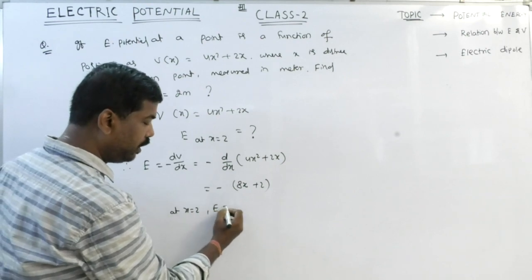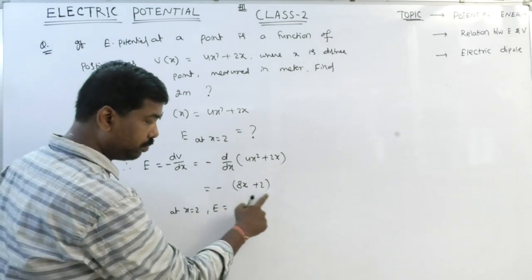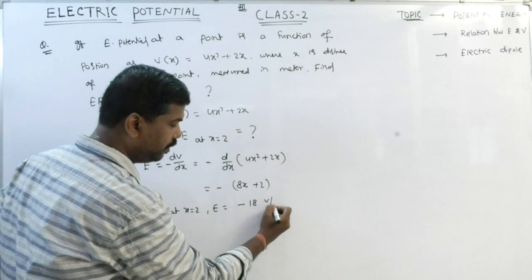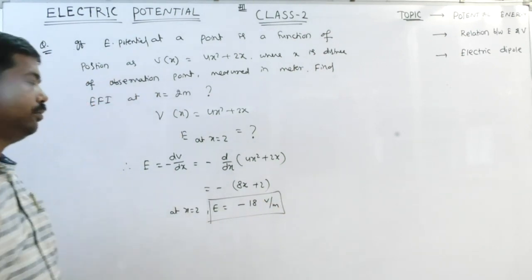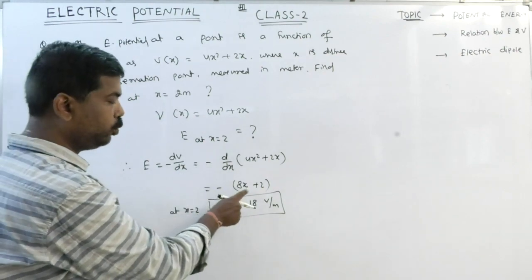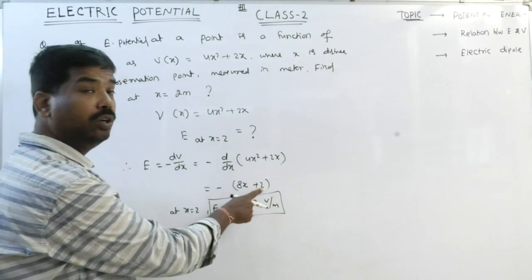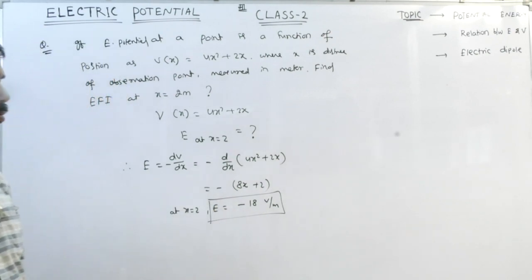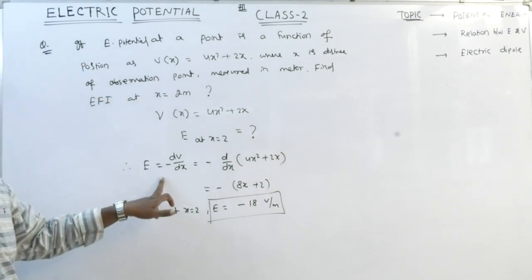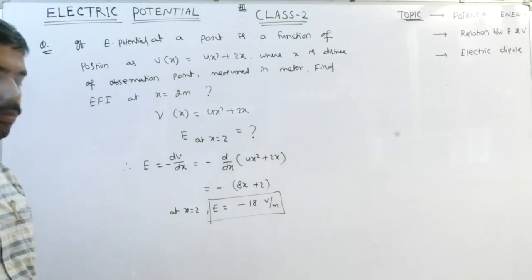At x is equal to 2, 8 twos are 16, 16 plus 2 is 18, with the minus sign, E is equal to minus 18 volt per meter. Clear? Okay?